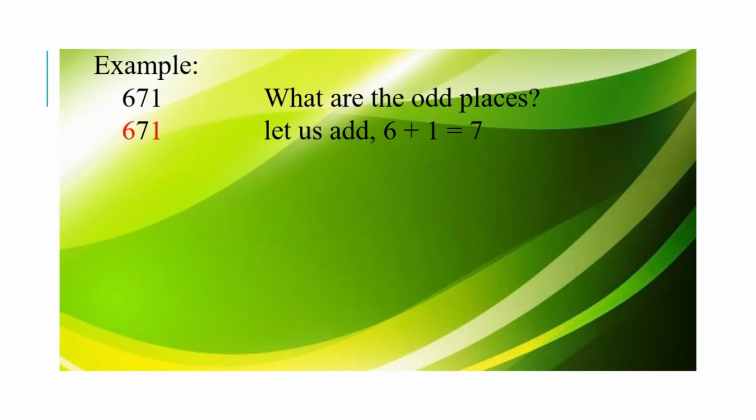So, what are those numbers? Very good. 6 and 1. Then what will we do? We will add. So, 6 plus 1 is equals to 7. Very good. Now, 7 is the sum of the odd places.